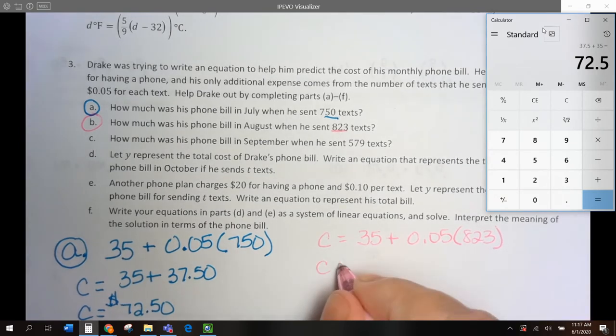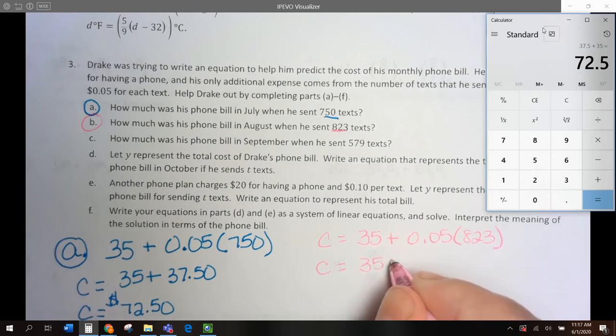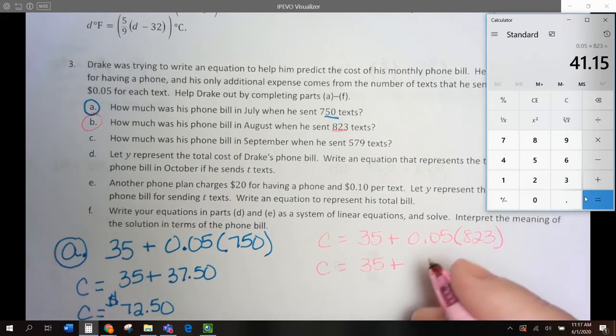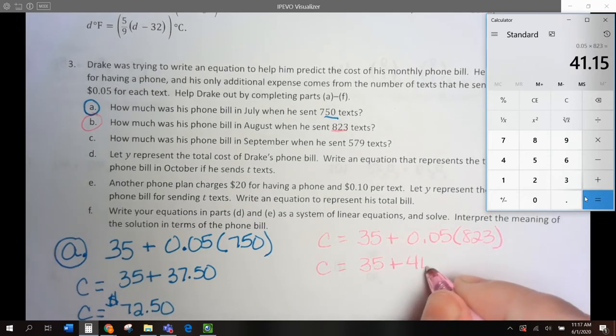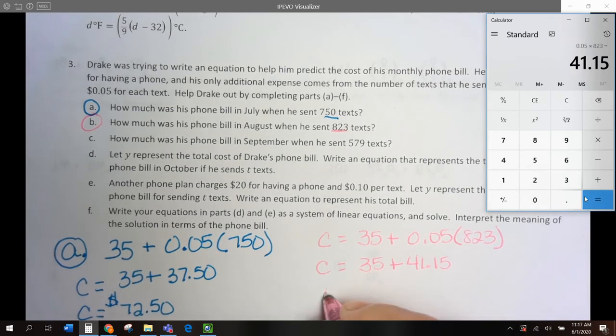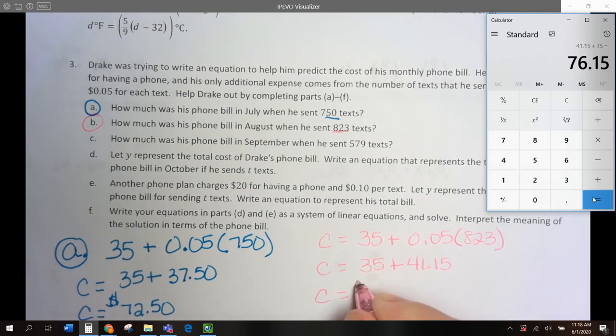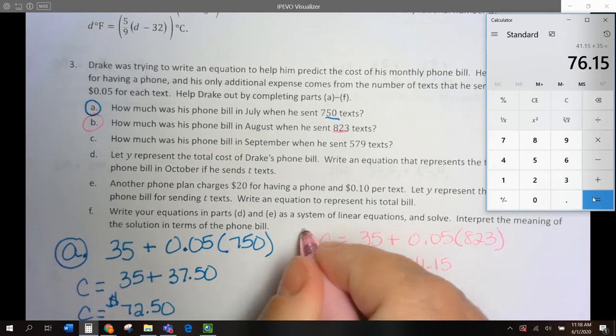So his total cost is going to be 35 plus, let's do this, 0.05 times 823, $41.15. So we're going to add those up, $41.15 plus this 35 just for having the phone. This total cost is $76.15. This was for B.